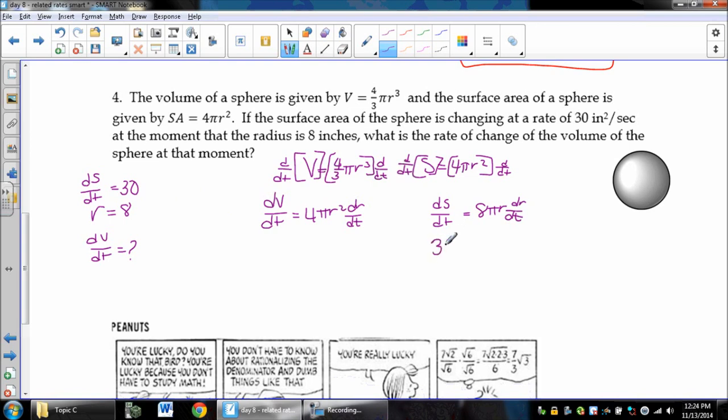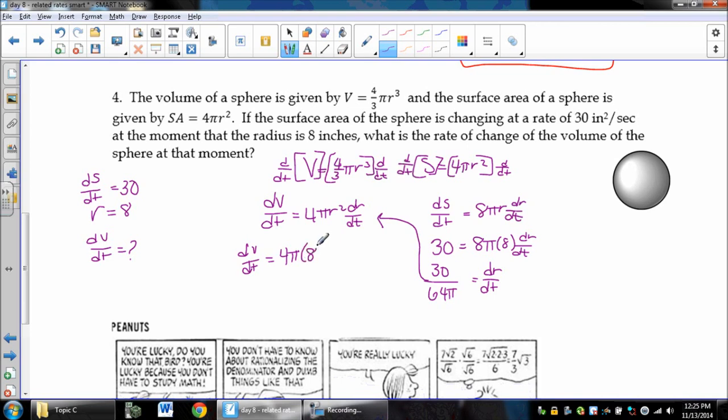So if dS/dt is 30, when r is 8, then I can solve for dr/dt. Look at that. dr/dt is my only unknown. So dr/dt is going to be 30 divided by 64 pi. Now I can substitute this into here. So then I have dV/dt equals 4 pi r squared.